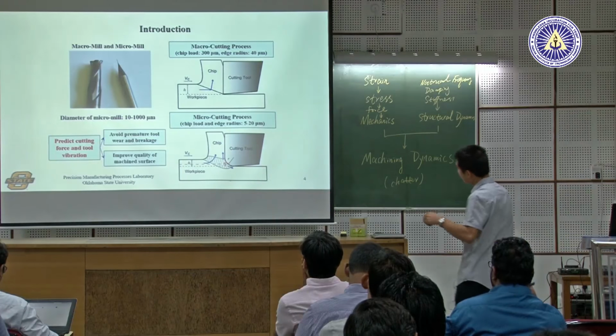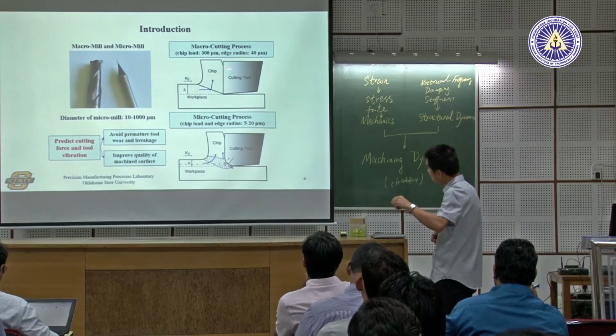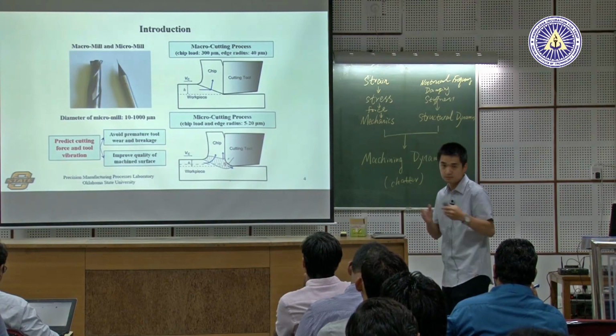So now, I assume everyone is familiar with this figure, which is a typical orthogonal machining process, right? Based on the classic mechanics model, we always assume the tool is perfectly sharp. Then when it goes through the workpiece, the uncut chip thickness of the material has certain deformation along what we call the shear plane, right?